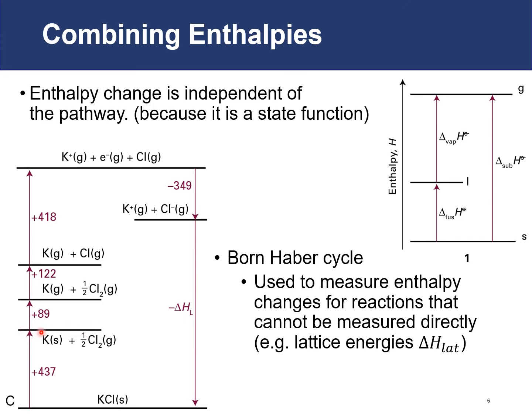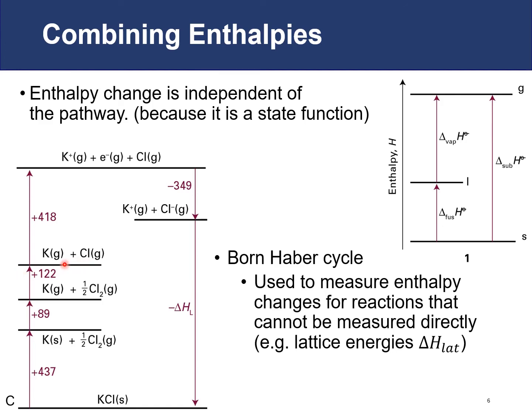We can then melt and then turn into a gas, or sublimate, the potassium solid to get potassium gas. The chlorine at this point hasn't changed. It is in a separate container. We can then take the diatomic chlorine, break it apart into individual chlorine atoms, and that amount of energy in this case is 122 kilojoules per mole.